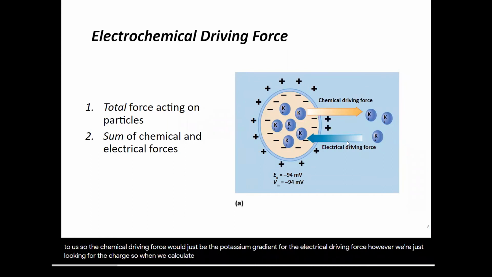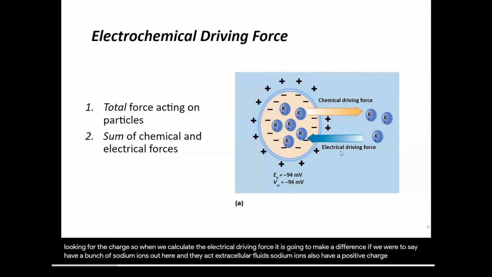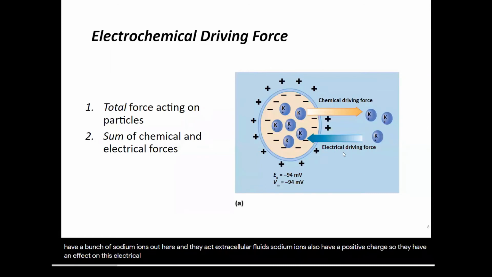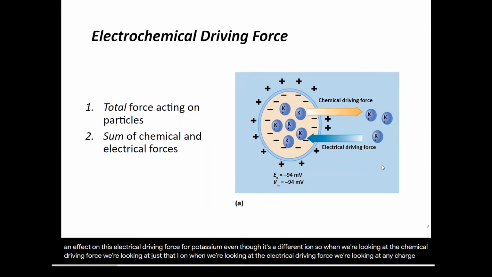So it is going to make a difference if we have a bunch of sodium ions out here in the extracellular fluid. Sodium ions also have a positive charge, so they have an effect on this electrical driving force for potassium, even though it's a different ion. When we're looking at the chemical driving force, we're looking at just that ion. When we're looking at the electrical driving force, we're looking at any charged particle.